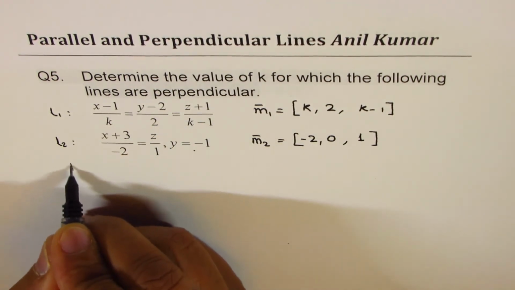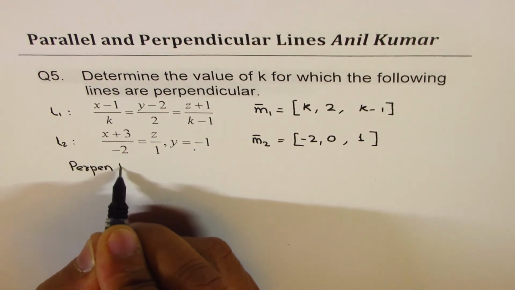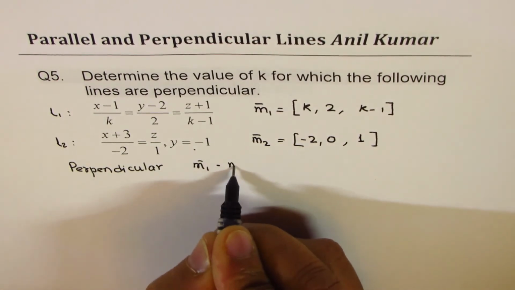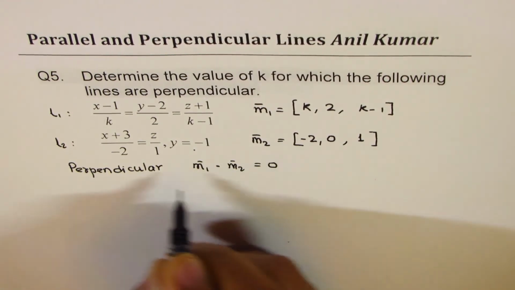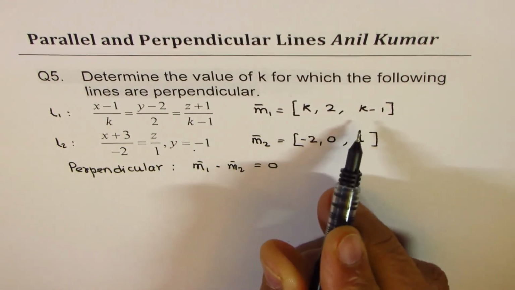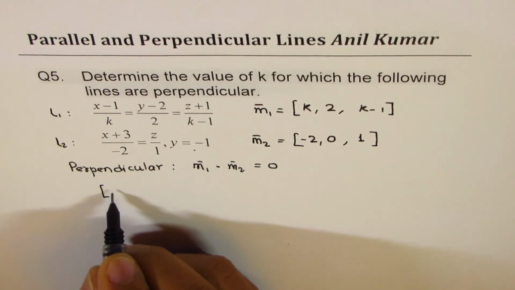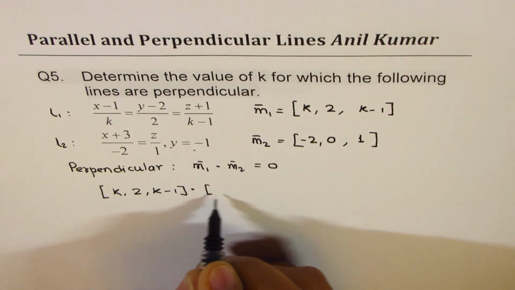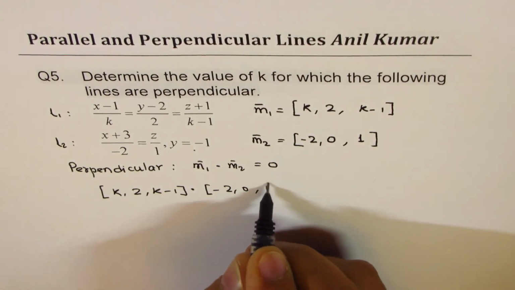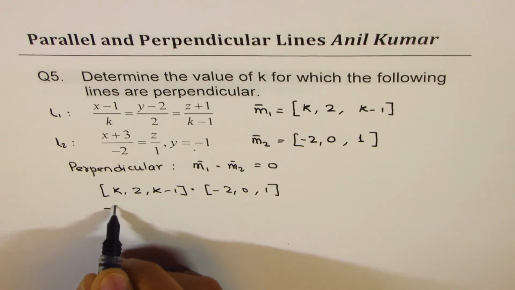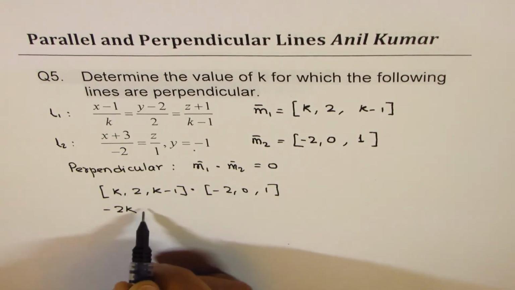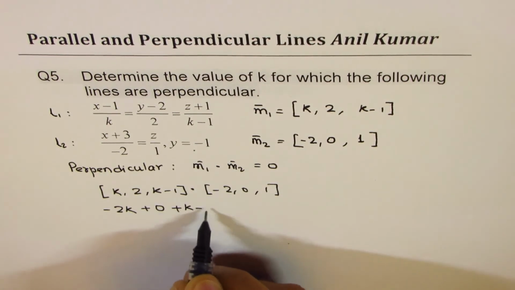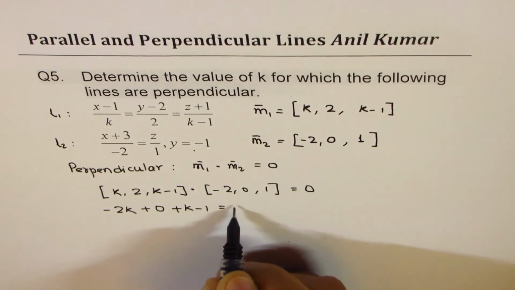Now we want perpendicular. Perpendicular means what? Means m1 dot m2 should be equal to 0, and that should help you to find the value of k. So let's do it. So we have k, 2, k minus 1 dot minus 2, 0, 1. So k times minus 2 gives minus 2k. 2 times 0 is 0. (k minus 1) times 1 is k minus 1, and that should be equal to 0, right?